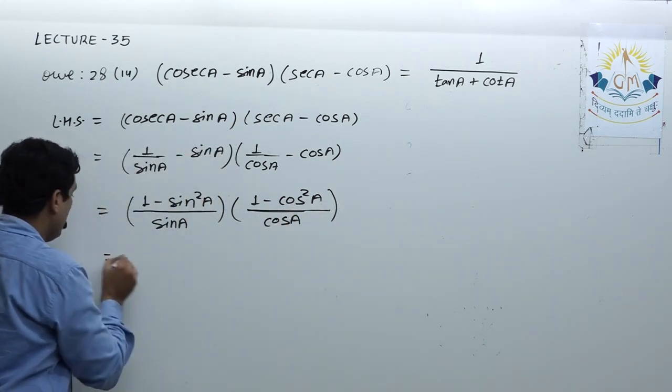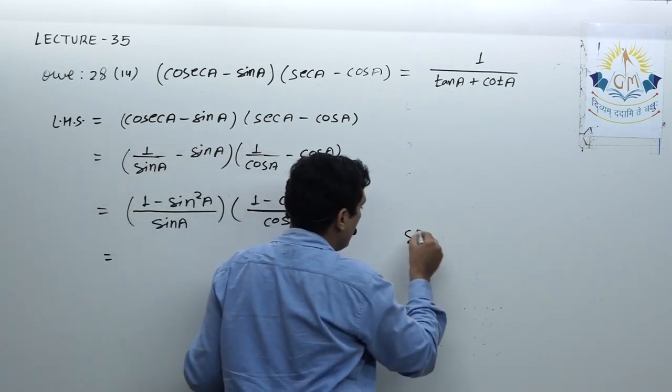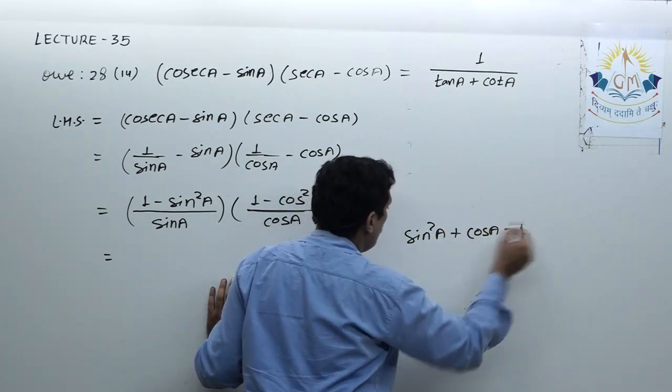Now here I can apply the trigonometric identity. The identity is sine square A plus cos square A is equal to 1.